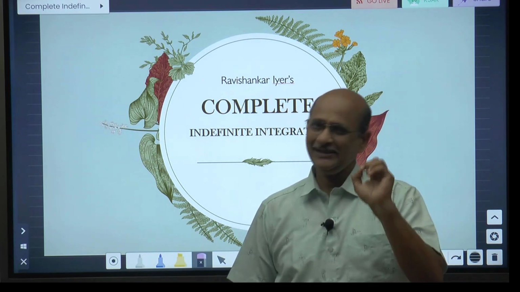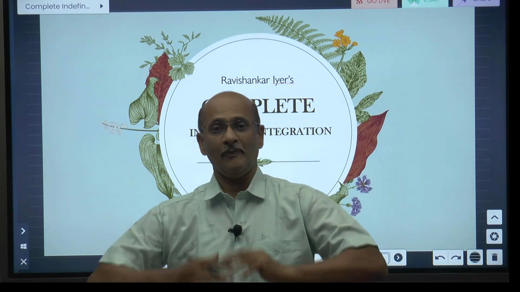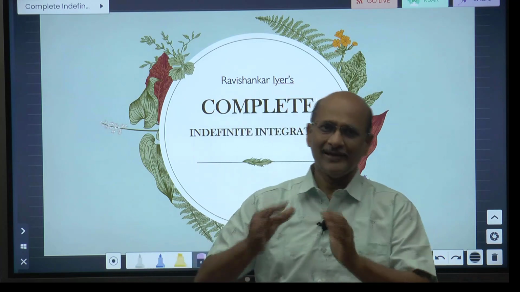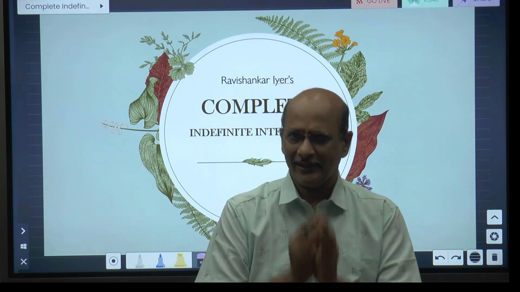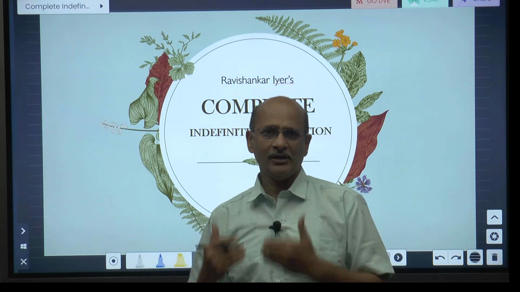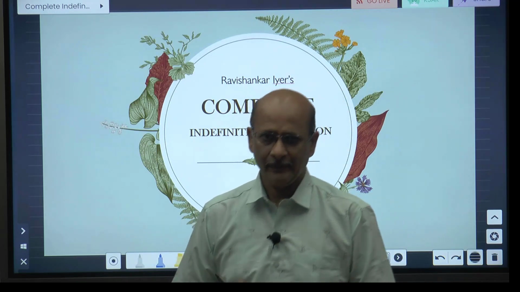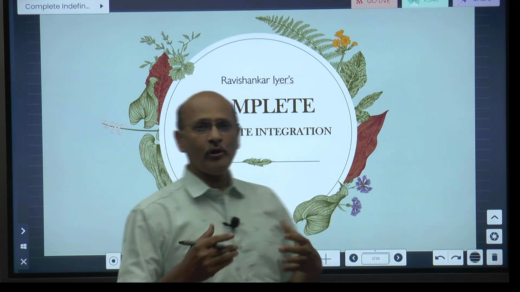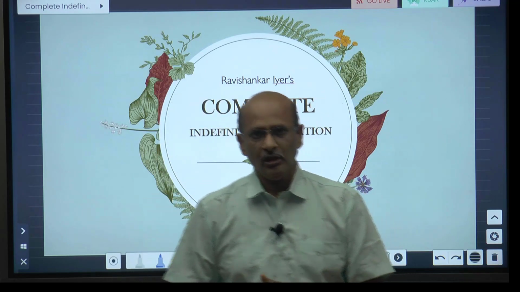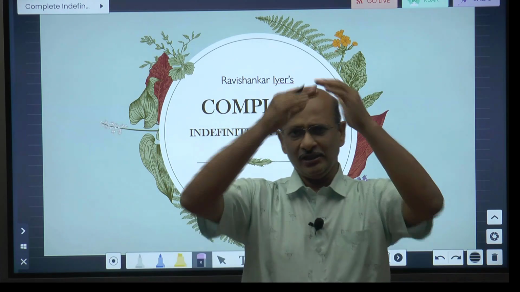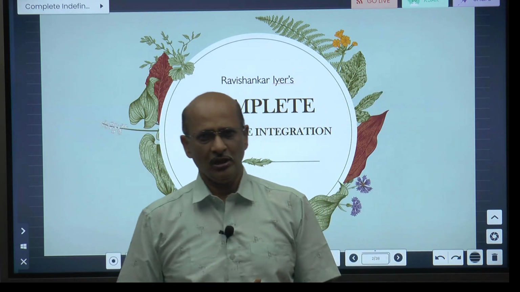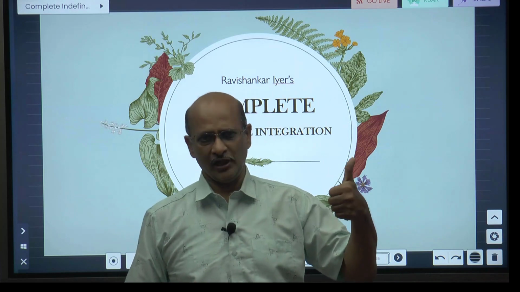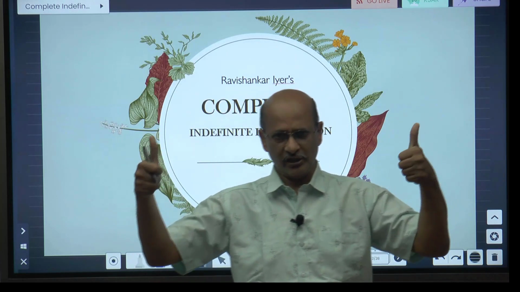A few examples, definitely not possible to take up maximum examples. So whatever examples belong to that particular type of exercise, those sums we will be coping up with. What you are going to gain from this, children, is the synopsis of the complete indefinite integration, covering the core methods of integration and the special integrals.